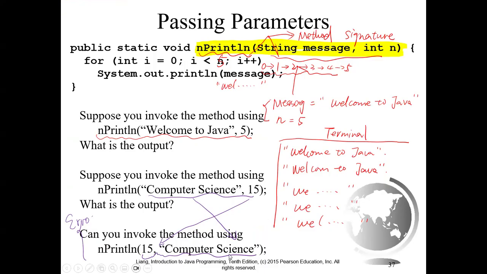So in this case, the error message will indicate something wrong and the program cannot work. So please be sure that when you are passing the values, the order of the parameters is really important. Don't mix them and don't make a mess.